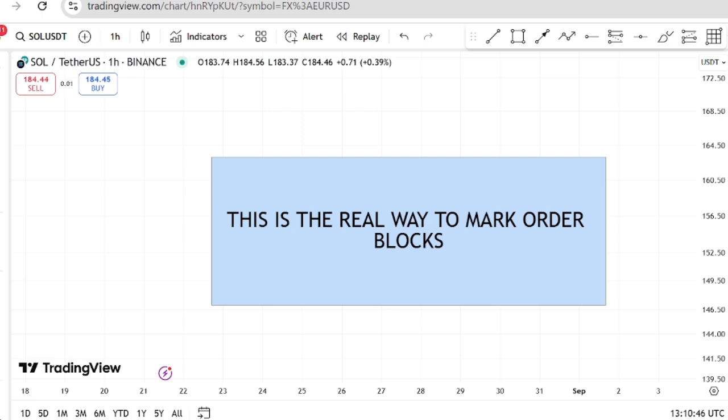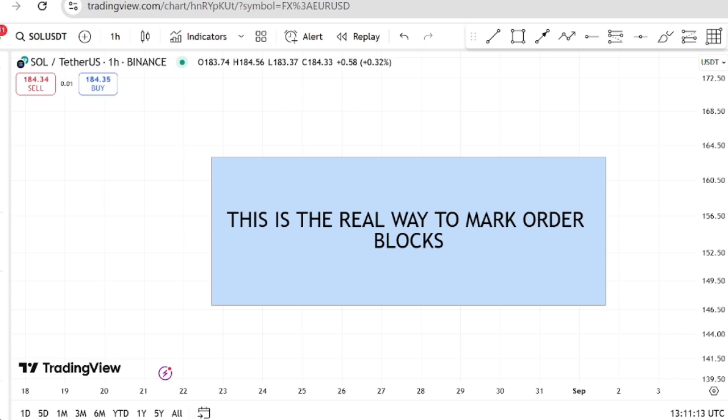So looking at today's topic, what can you say concerning this topic? Today's topic is: this is the real way to mark order blocks. What we'll be covering is, first, the problems traders have in marking their zones or order blocks.